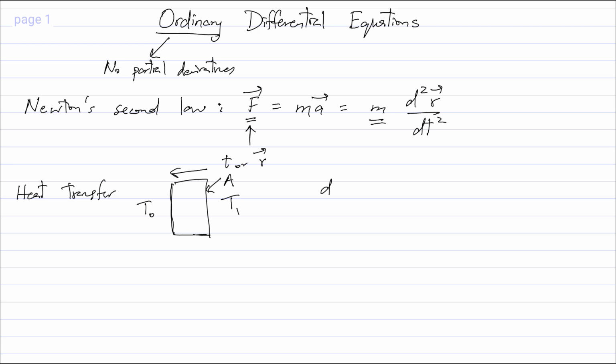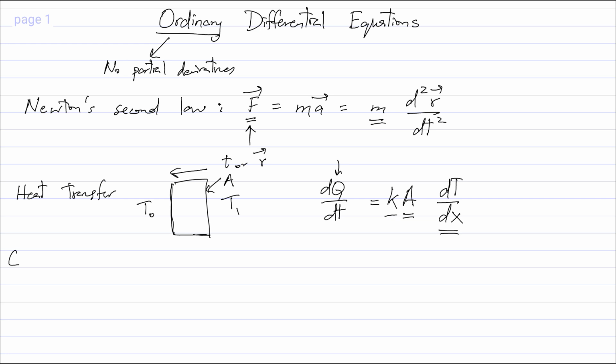The rate at which heat is transferred is proportional to the cross section area A. It's also proportional to the temperature gradient. Since it's proportional to these two, you convert this into an equation by putting in a proportionality constant K. So this is the cross section area, this is the temperature gradient, this is the proportionality constant. To find out Q, the heat transferred, you can solve this differential equation.